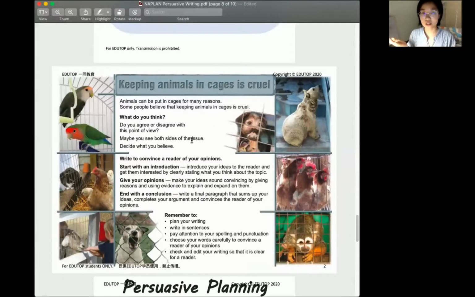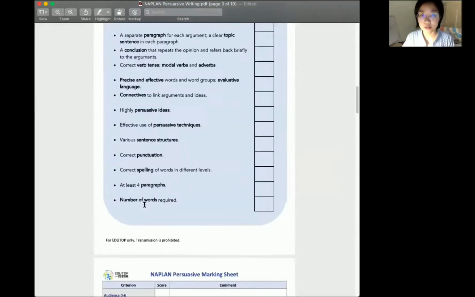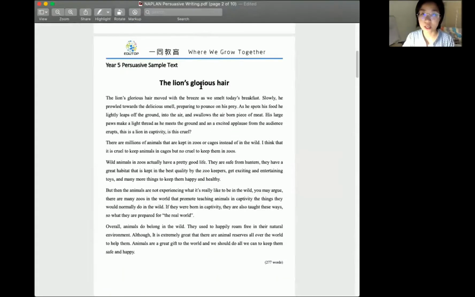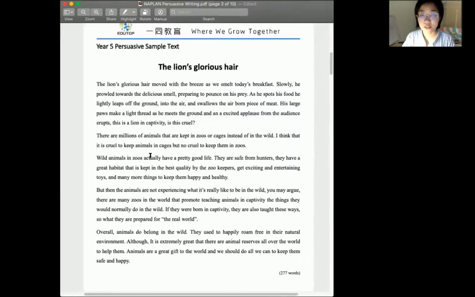Which opinion do you stand for? Or would you support both sides? You can think about that for a while. Pause there, and then you can go and read our example to see how other students actually write about this topic.